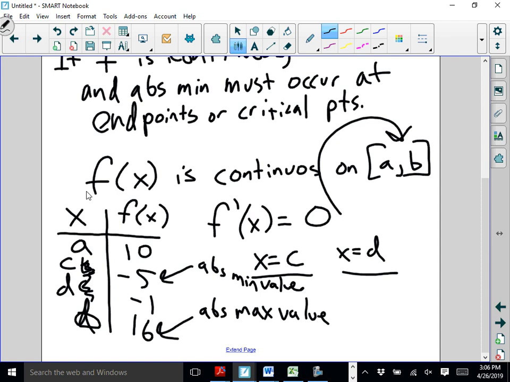So over that interval, our minimum value was -5, our maximum value was 16. Sometimes they use the word absolute. Sometimes they just say, what is the maximum value of the function? Okay. But this can be kind of tricky depending on how difficult the function is to work with.